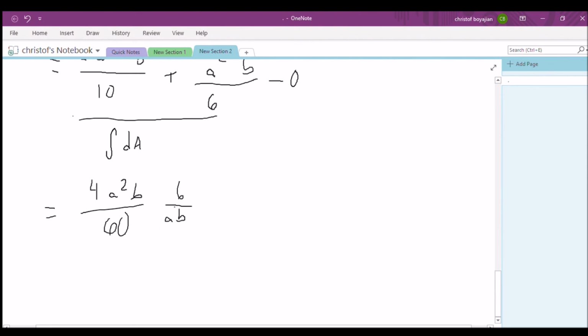Okay. All right. So this is a 6, not a b. Don't get confused.